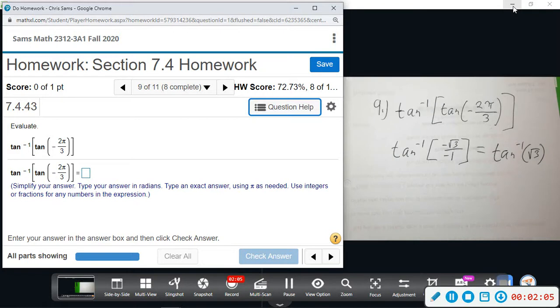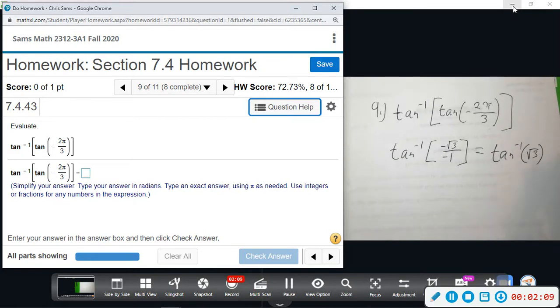Alright, so I'm going to find the ordered pair, being familiar with the unit circle, that the y value is square root of 3 over 2 and the x value is 1/2, positive this time.